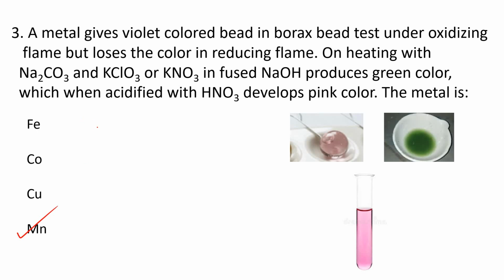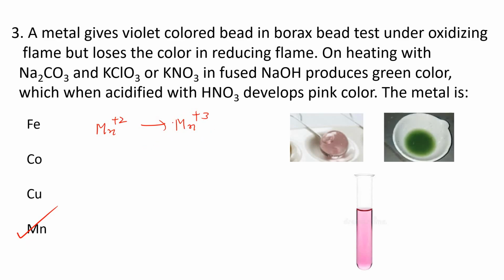Now, in the borax bead test, when this manganese is heated in the oxidizing flame, then what happened? This manganese plus 2 ion is oxidized to manganese plus 3 ion. And in manganese plus 3 ion, unpaired electrons are there and d-d transition is easily possible. So we get the colored borax bead in the visible range. We know that colored bead is due to the metaborate formation.